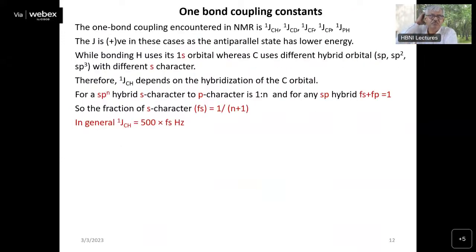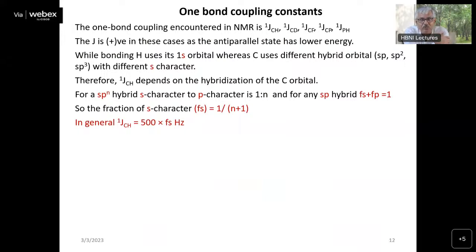Now let us see the magnitude of one bond coupling constants. We can see them in many systems like carbon hydrogen, carbon deuterium, carbon fluorine, carbon phosphorus. We know that J is positive in these cases, as the antiparallel state has lower energy.